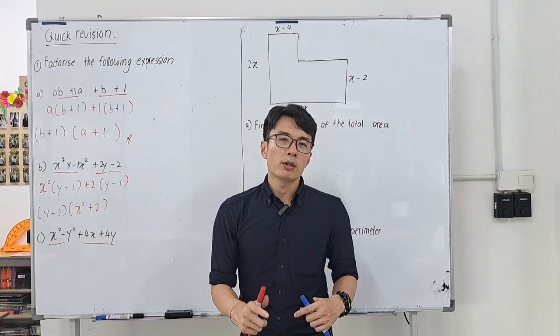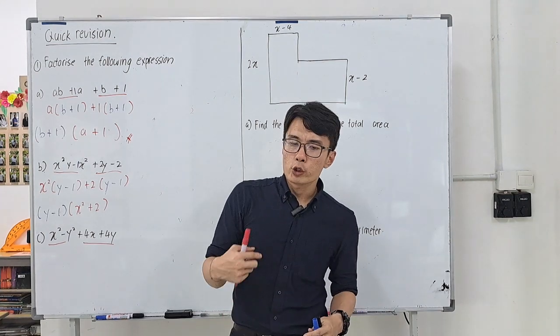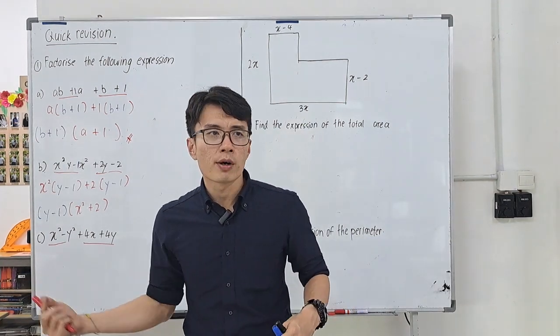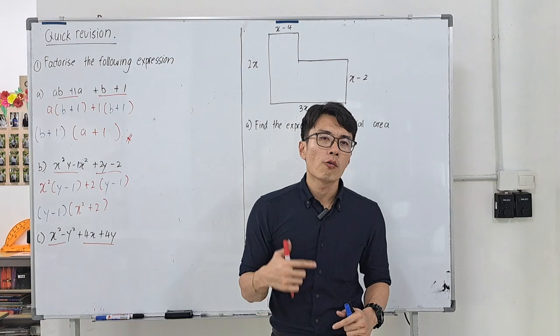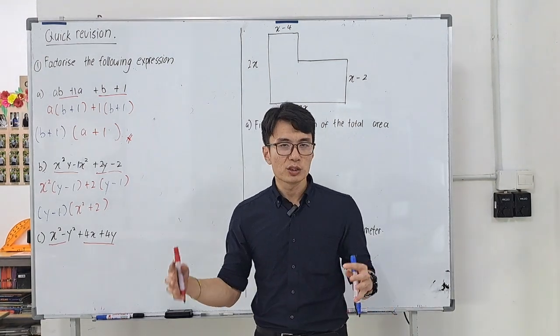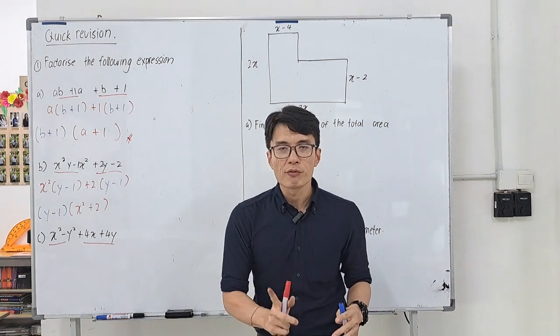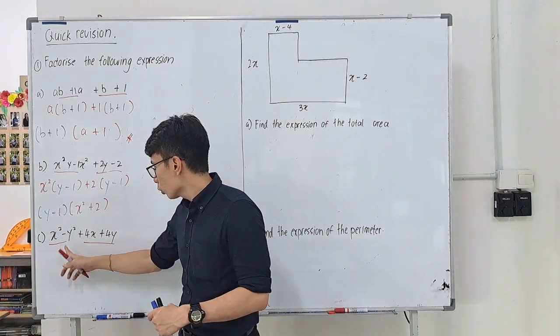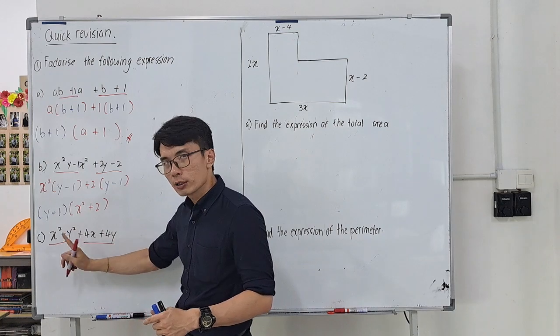I would like to give everyone a big tip over here. When a question is asking you to factorize or simplify, always try to look out for difference of square. Difference of square is like a mouse, always hiding everywhere. So be very careful about that. So yes, difference of square. So we can do something about this.